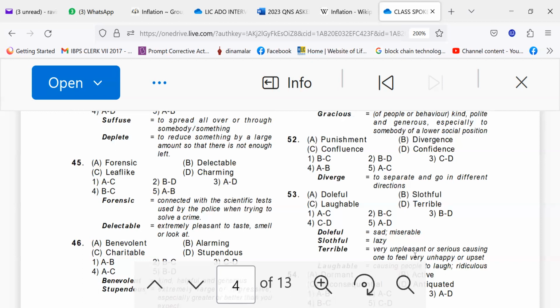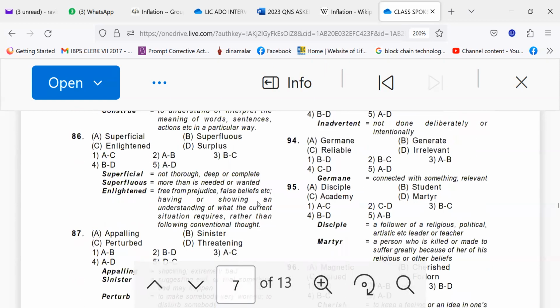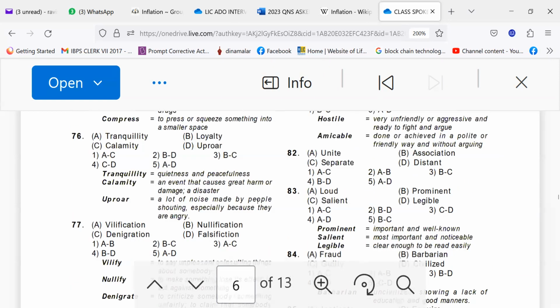Punishment, divergence, confluence, confidence. Divergence, okay. Now two more. We will go to this one. 76 and 82.